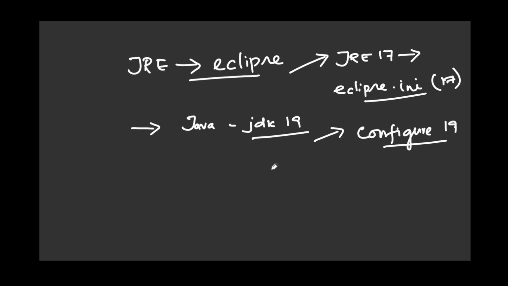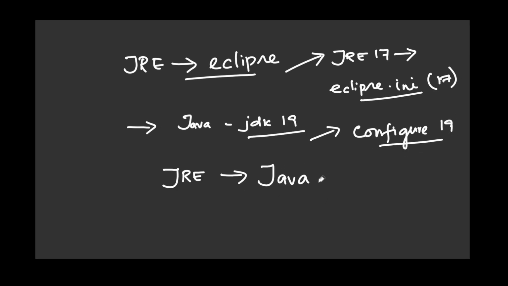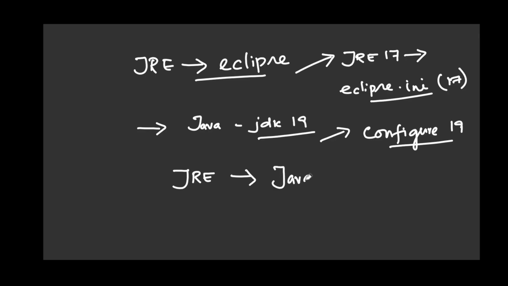Before we get into this, first of all we have to understand what is JRE. I think most of you are aware of JRE. If not, no problem, I will explain. JRE means Java Runtime Environment.